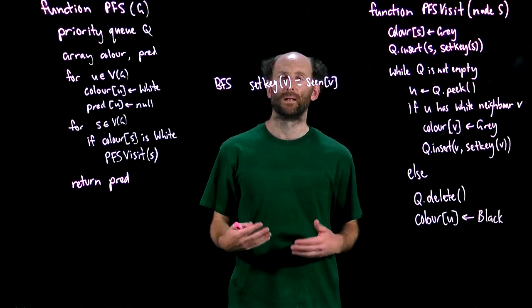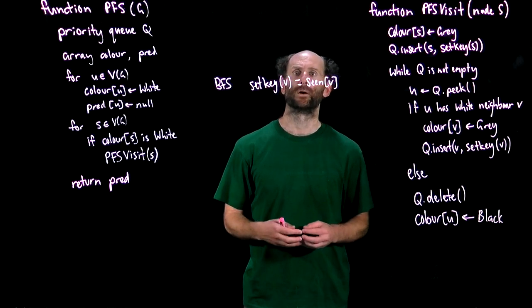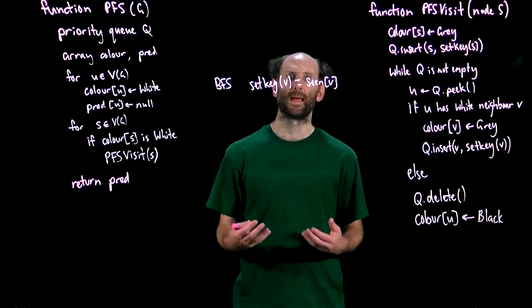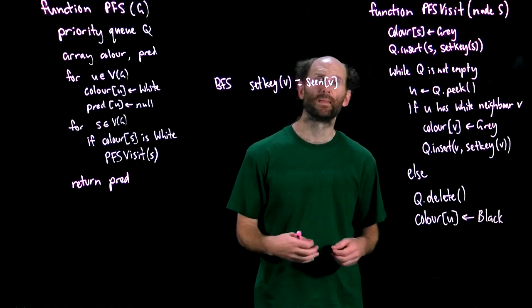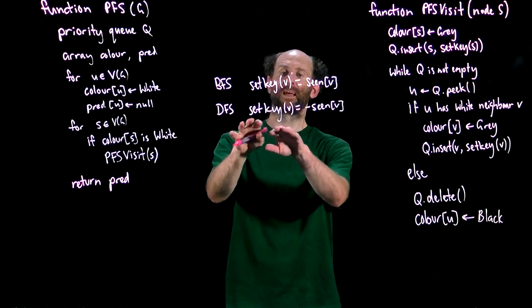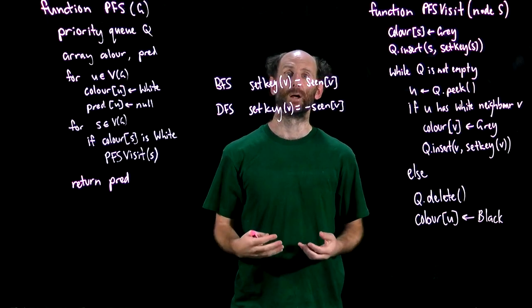Similarly, to get DFS behaviour, we always want to pick the most recently visited grey node. So that node always needs to have the lowest key. We can get that by setting the key to be the negative of the time we visit the grey node. So for the DFS case, we have set key of v to be minus seen, the seen time of v.